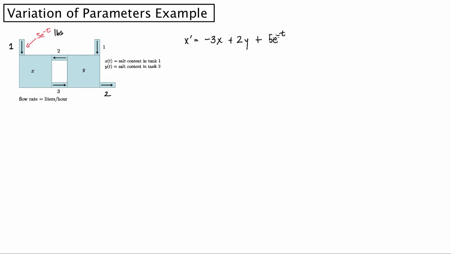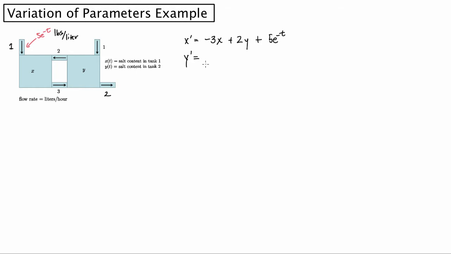So it's gaining this many pounds of salt per hour, because it's 5e to the negative t pounds per liter times 1 liter per hour. So this is how it's changing. Even though this is decaying, it's gaining salt content from the outside. And then this describes the interaction between the two tanks.